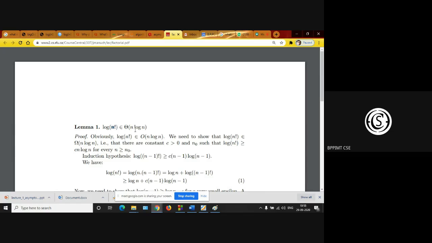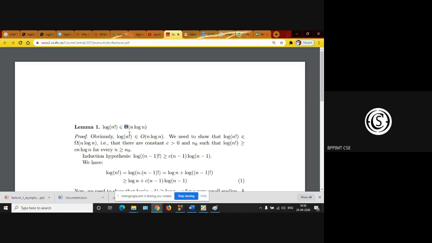Okay, sir. If you have any problem, please clarify. This particular function lg n factorial is less than or equal to some function which is a function of n lg n. At the same time this f(n), that is lg n factorial, is greater than or equal to some function of n lg n.